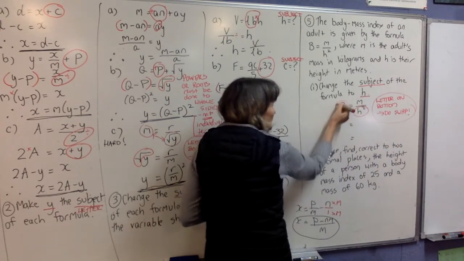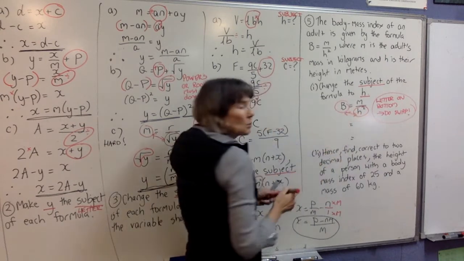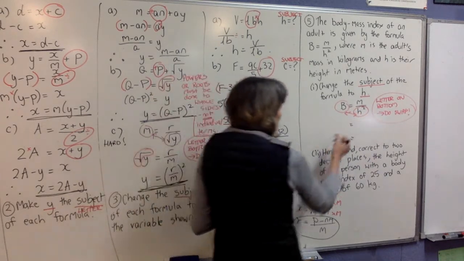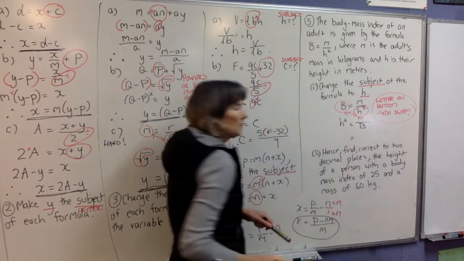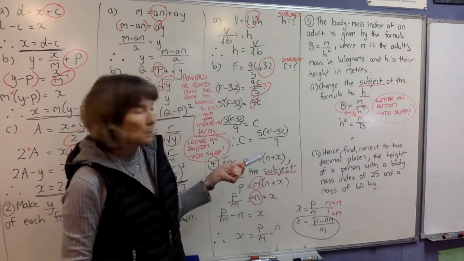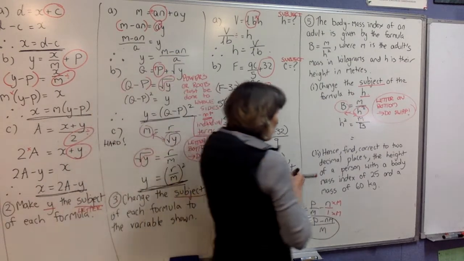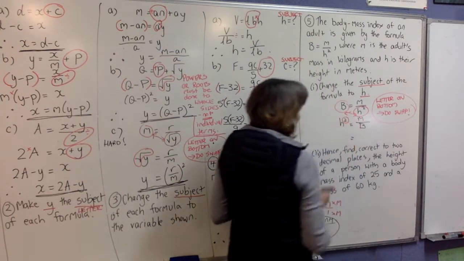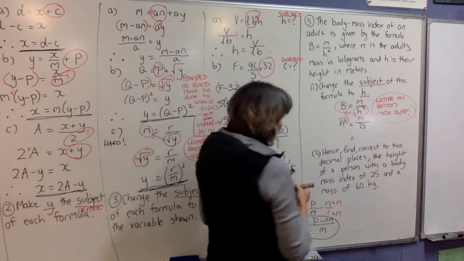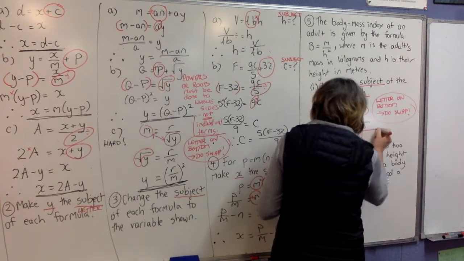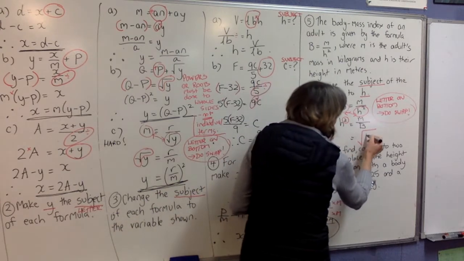So they just swap positions, which means we're going to end up with h squared sitting there and B sitting down there. Now we're going to get the h by itself. That means we have to get rid of our squared here. So when we come to the other side, we're going to do square root of that whole fraction.